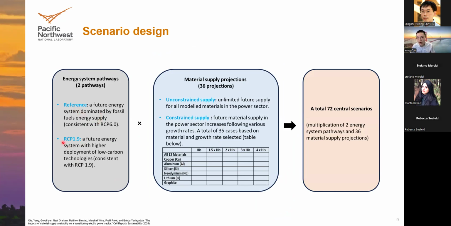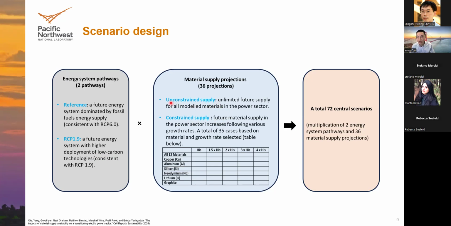And then another one is an RCP 1.9 scenario, which assumes the future energy system will have high penetration of low carbon technologies. And then we also consider different material supply projections because we want to know how material supply could affect the technology deployment in the power sector.